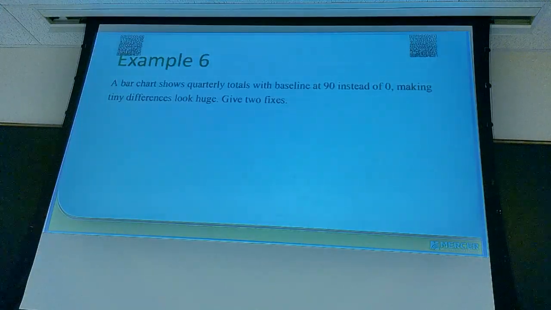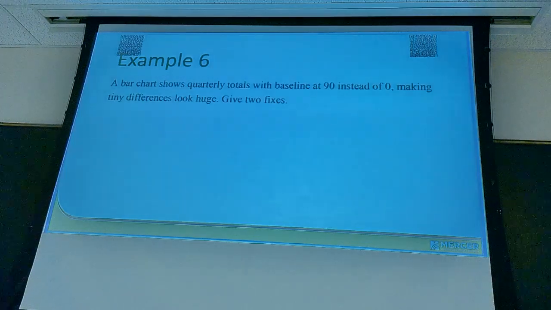All right, we have a bar chart of quarterly totals, with a baseline of 9 instead of 0, making tiny differences look huge. Two fixes. One of them is obvious: just use a baseline of 0. Second fix, you could also just use a line chart instead of the bar graph and keep the same baseline.